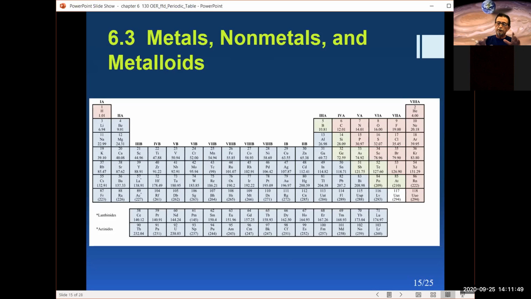Now, refresh your memory with respect to metals, nonmetals, and metalloids. Okay, this is important to be able to recognize what are the metals and what are the nonmetals. Why? Because in the next chapter, we're going to be talking about chemical bonding. And in chemical bonding, there's only two types of actual bonds. One is called an ionic bond, and the other one is called a covalent bond.